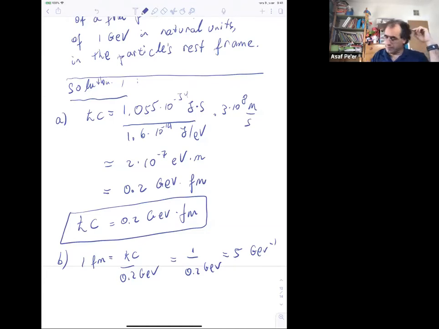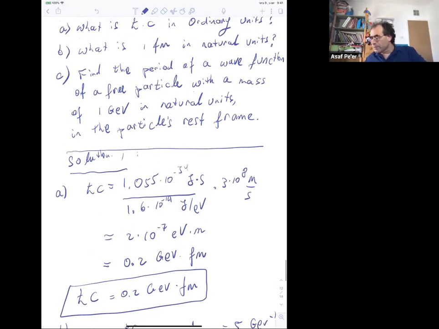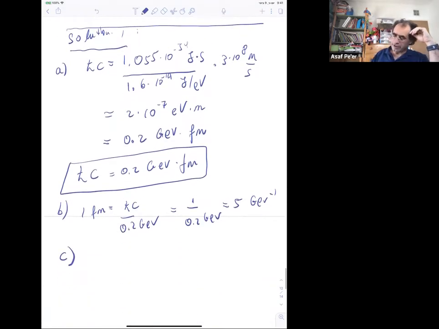Okay, part C of the question: find the period of the wave function of a free particle with a mass of 1 GeV in natural units, in the particle's rest frame. The wave function psi is proportional to e to the minus iEt.